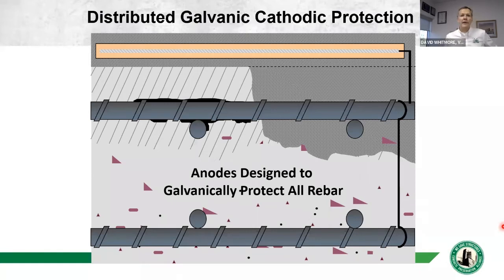And then in addition to localized or discrete galvanic protection applications, there may be situations where you wish to have more of a blanket protection over the entire structure or an entire section of the structure.